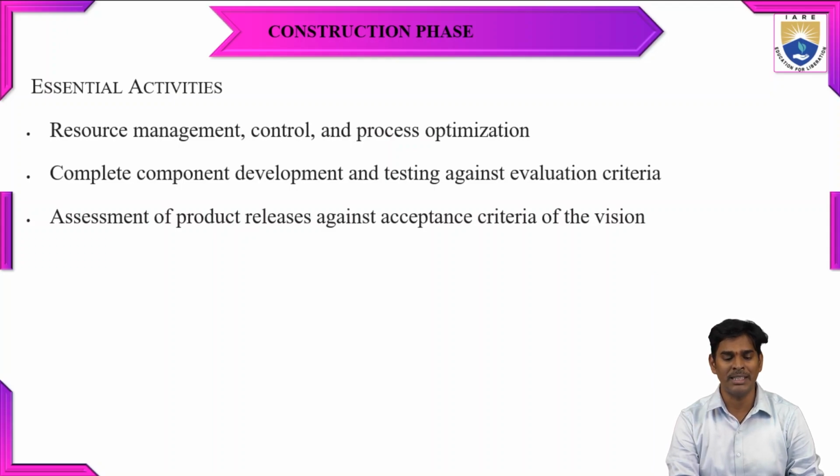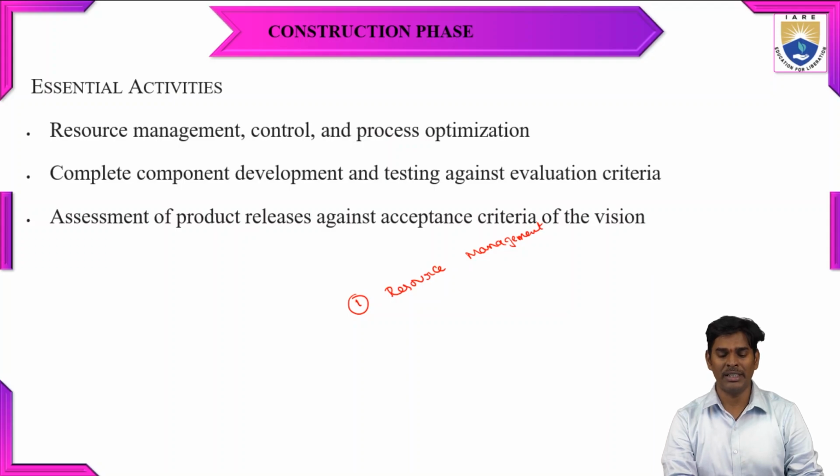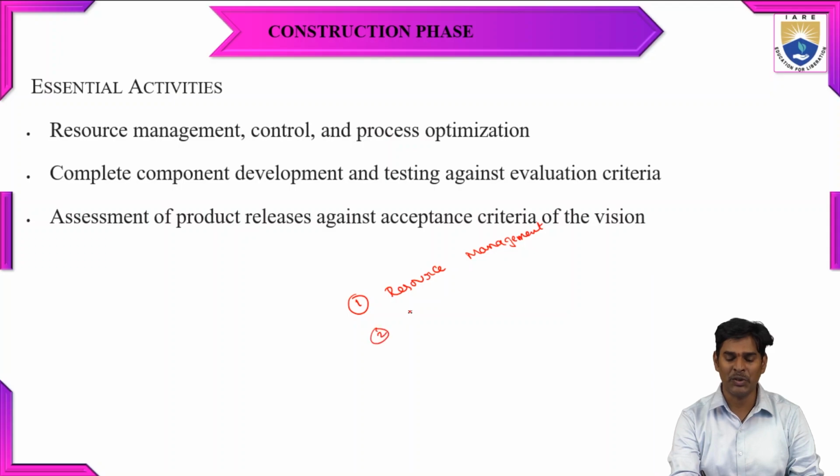Okay, and what are the main activities they require? The first one is resource management. So optimized resources will be required for good hiring of people. Okay, when you are providing adequate resources to good people, then they can efficiently utilize the resources and do the project in a smooth manner. And the resources have to be controlled.